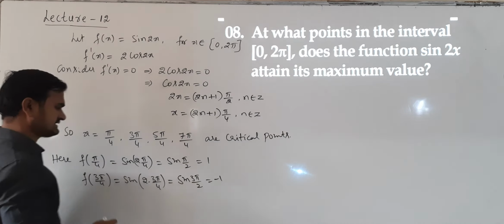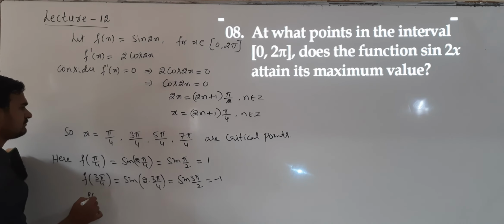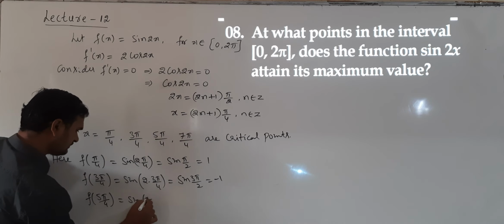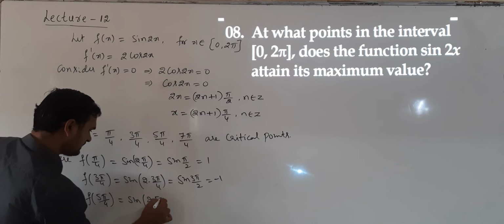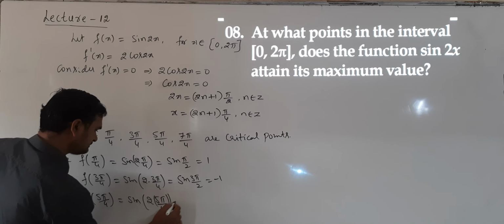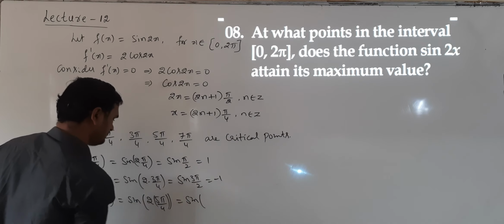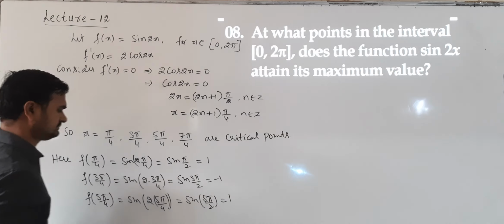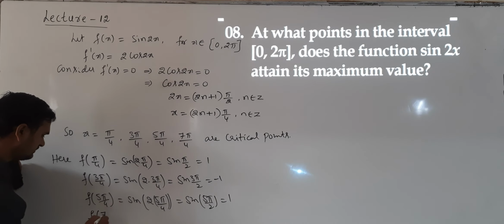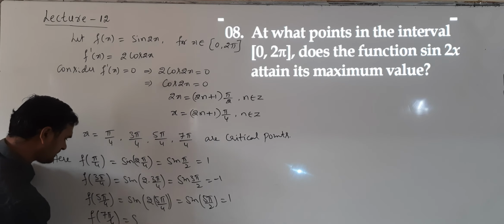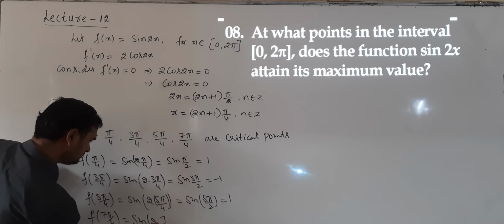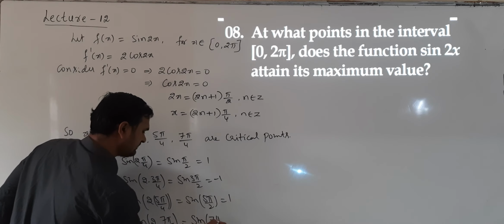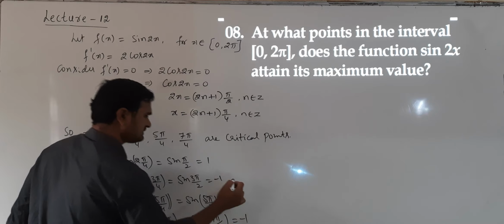It is -1. f of 5 pi by 4 is sin of 2 into 5 pi by 4, which is sin 5 pi by 2. It is 1. Next, f of 7 pi by 4 is sin 2 into 7 pi by 4, which is sin 7 pi by 2. It is -1.